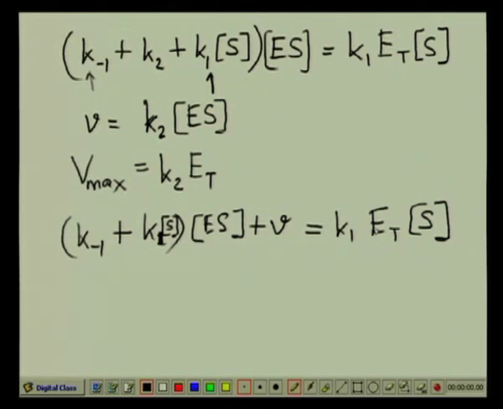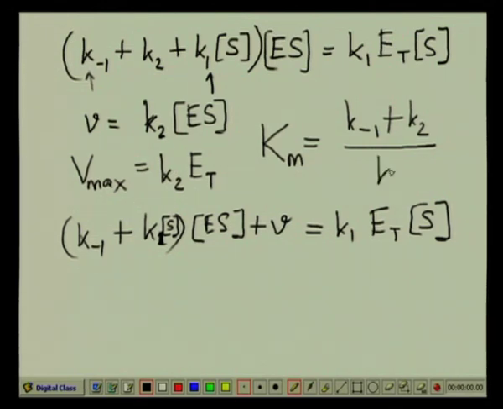Okay? Eventually, what we are going to get is, we are going to define another quantity that is going to be a combination of the rate constants. It is the Michaelis constant that is equal to, you can write this down, K minus 1 plus K2 divided by K1.